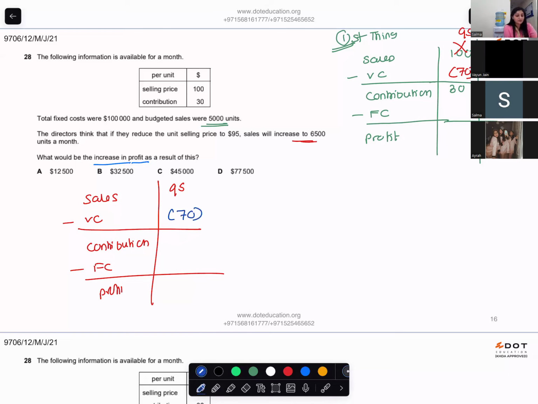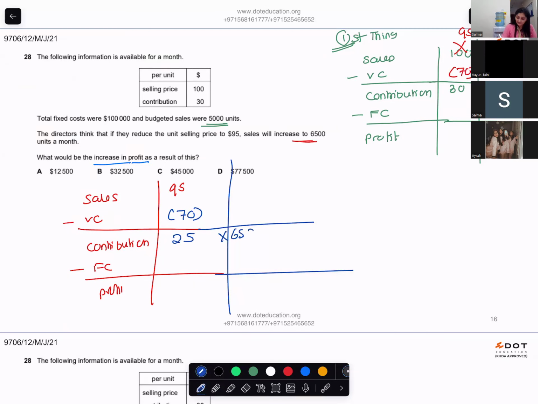So contribution will become how much? 25. So if I reduce the selling price, my sales would increase to how many units? 6,500.